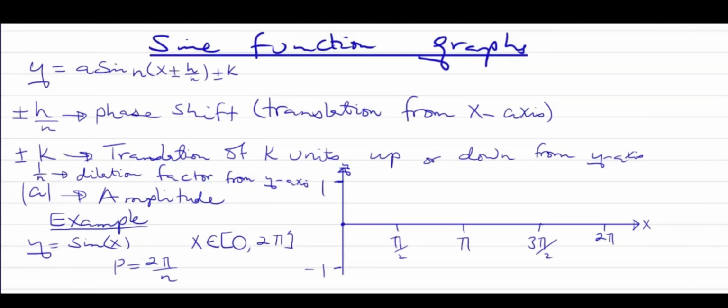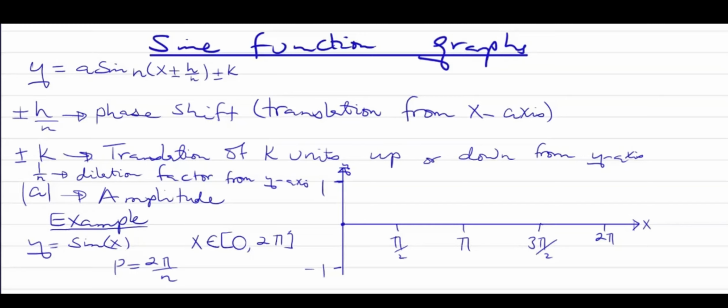Sine function graphs: the general equation for a sine function graph is y equals a sin n(x plus or minus h over n) plus or minus k. h over n is the phase shift, a translation from the y-axis, which could be in the positive or negative direction.